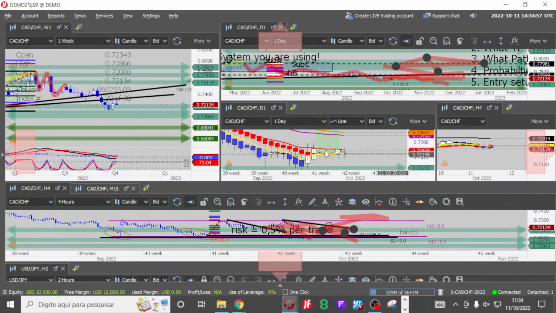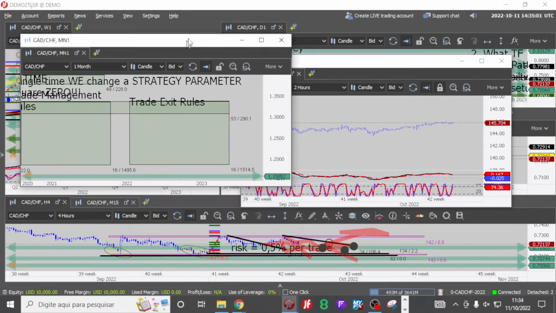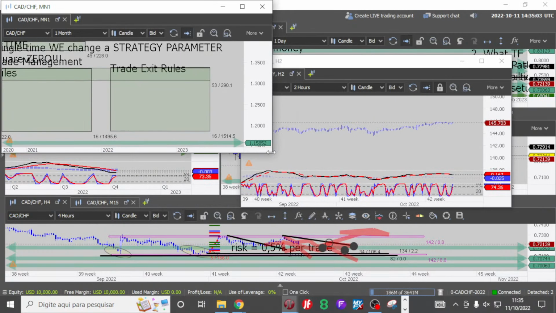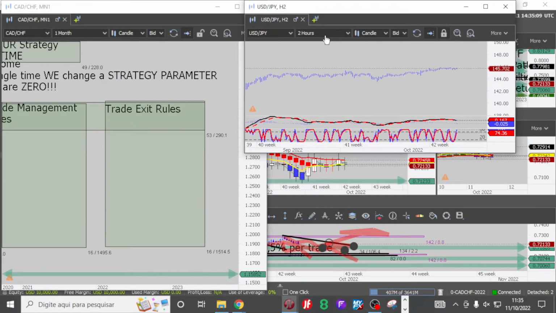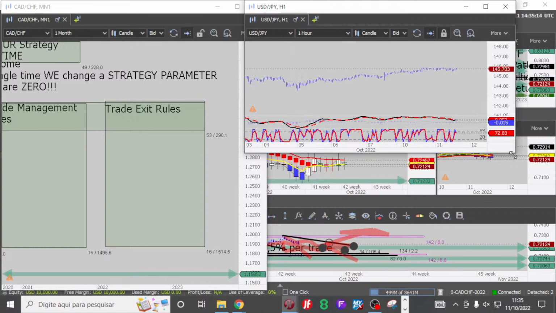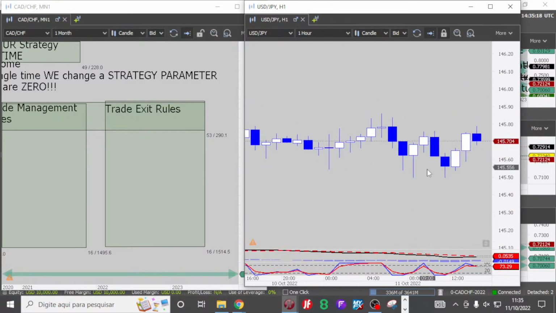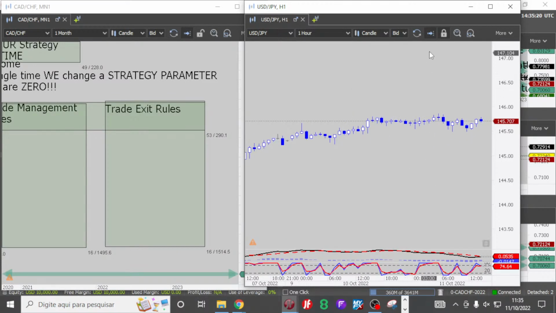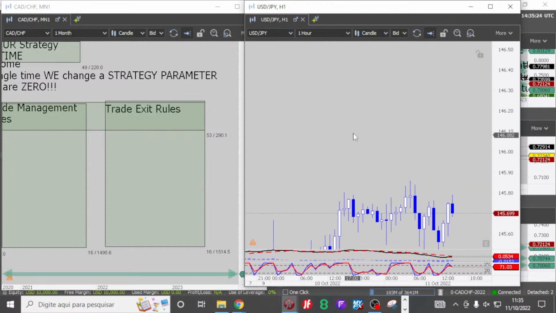So the 2 hour chart and doc 2. We're going to play around a little bit with JForex. Okay, and Julie says 1 hour chart, there you go. So this is the market right now on the 1 hour chart, USD JPY, just an example, right?